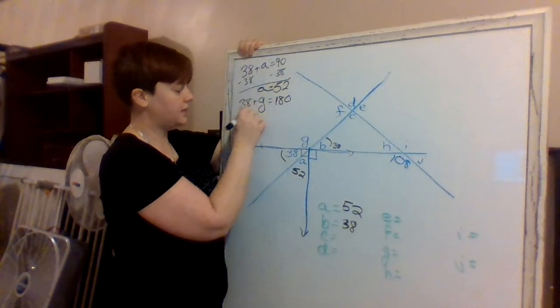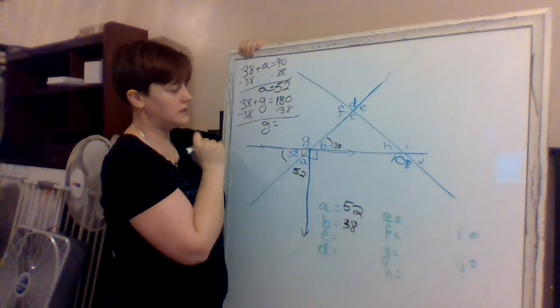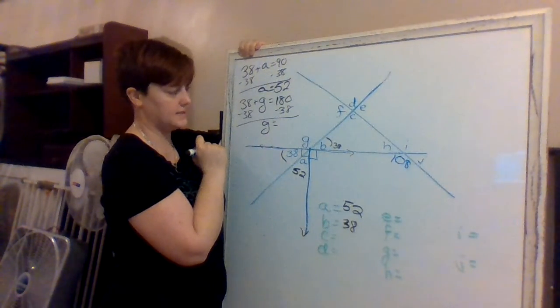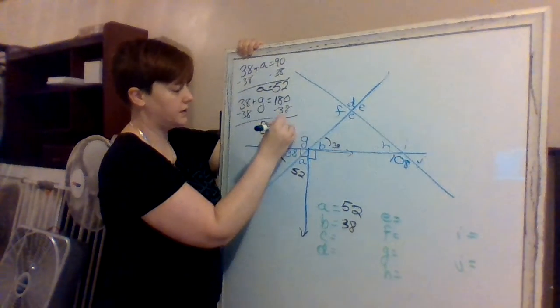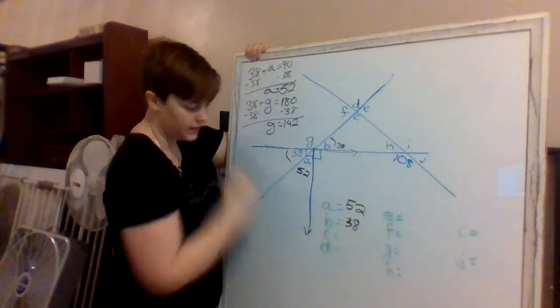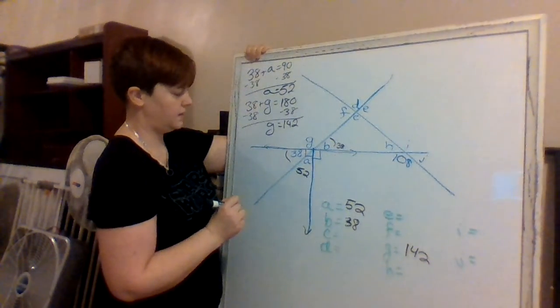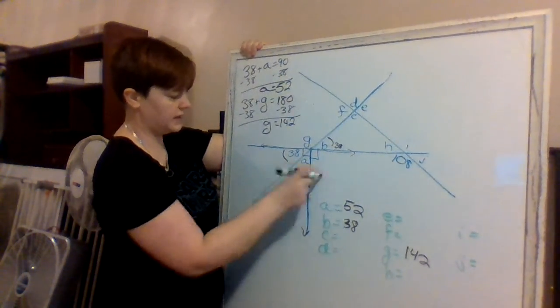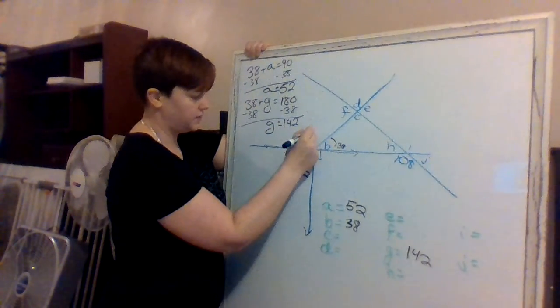And so we're going to subtract 38 from both sides, and we get G is 142. That makes sense, right? Yeah, because 90 and 52, it's also that. Okay, good. So G is 142.